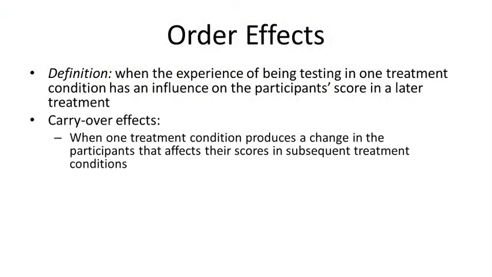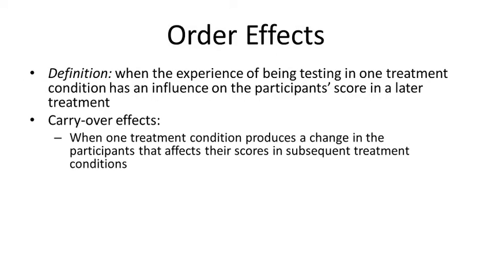Well, time has passed, and as it tends to go, people's headaches do tend to go away on their own. So simply the passage of time, that might explain why your participants apparently showed a treatment effect. So that's just one example, but there's many.